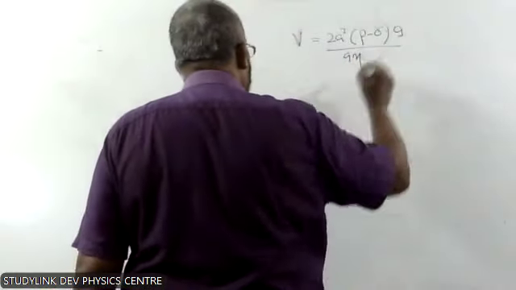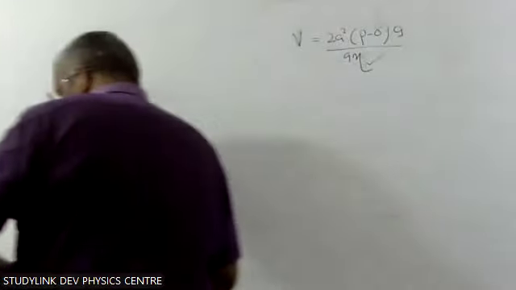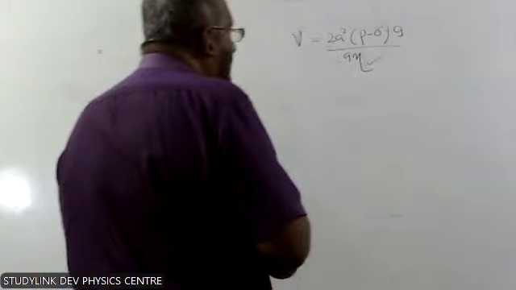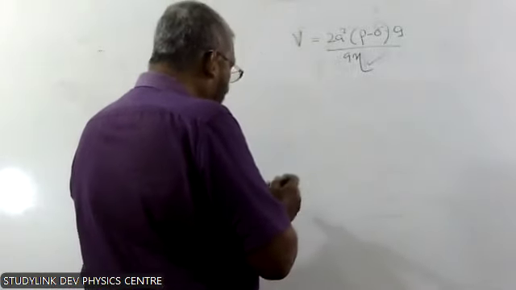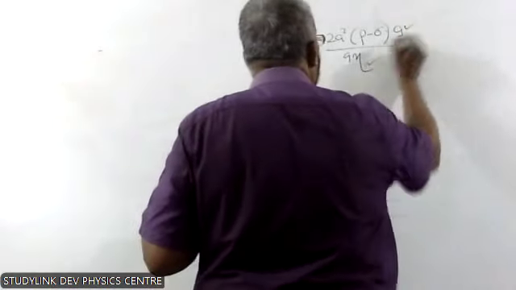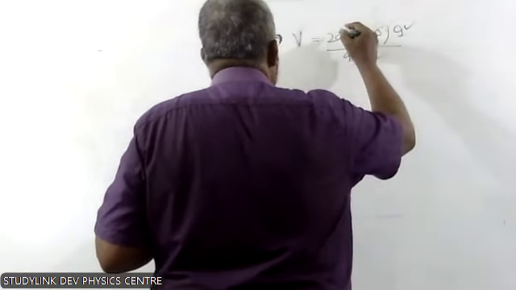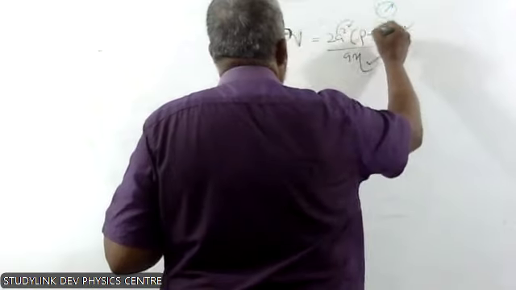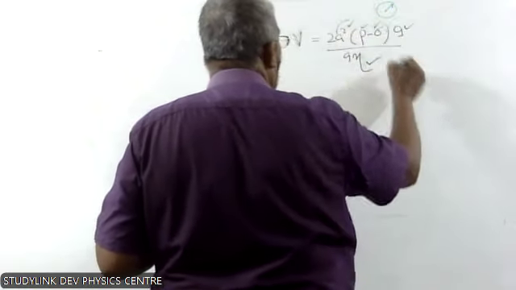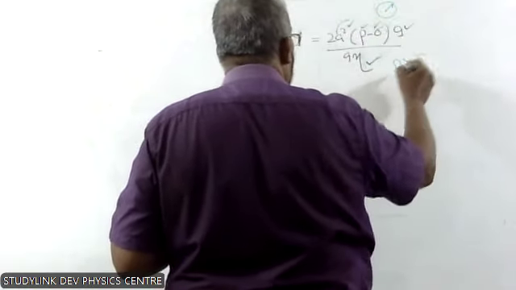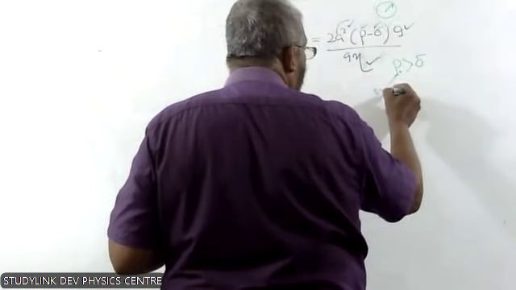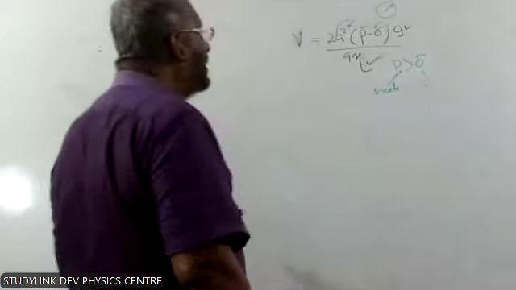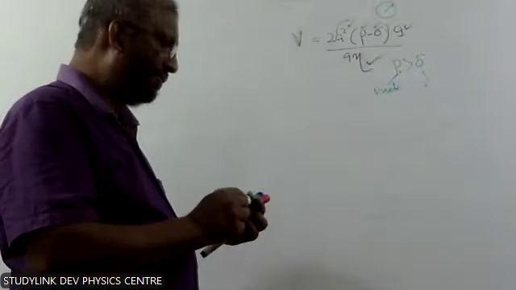Eta is normally given. All the other things are also given, that means except one unknown. g is known, the radius a is given, rho and sigma are given. Normally rho is greater than sigma because this is metal and this is liquid. Then directly you apply and get the answer.